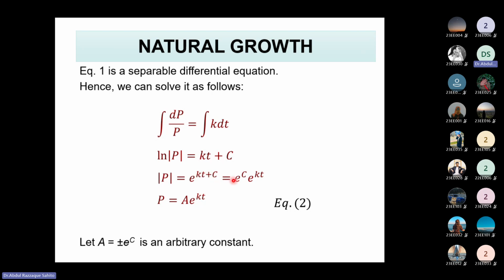So we can also write it as exponential power c and exponential power k into t. अब एक्सपोनेंट के पावर कोई कांस्टेंट हो तो अगेन कोई कांस्टेंट ही आ जाएगा. So let us mark e power c as another constant A. Let A be the arbitrary constant whose value is e power c.